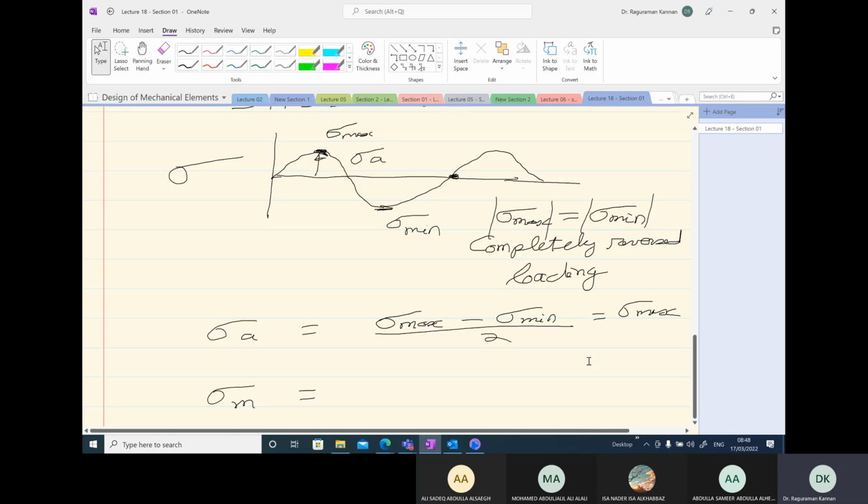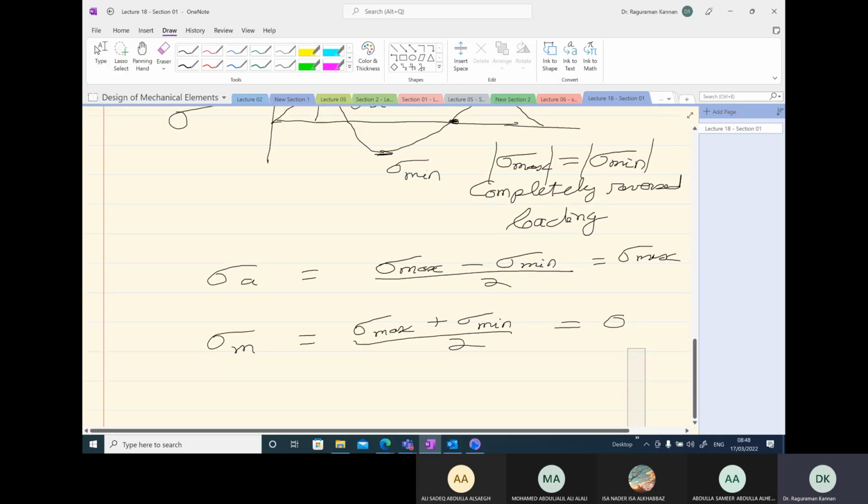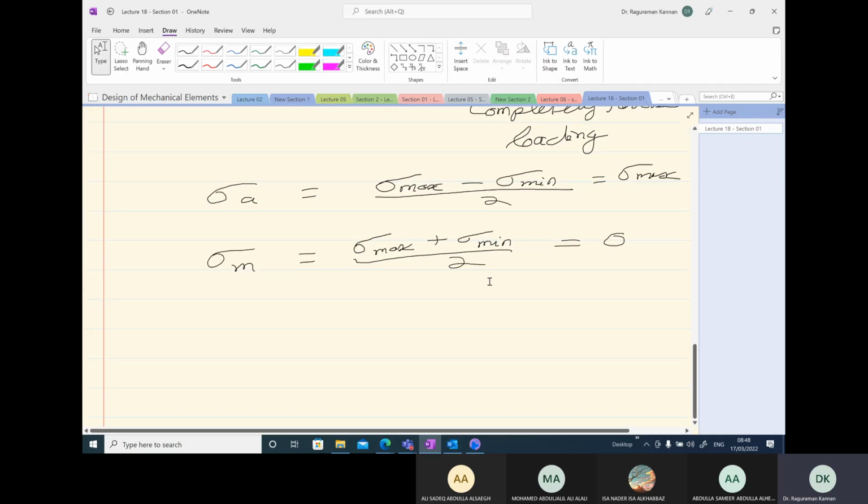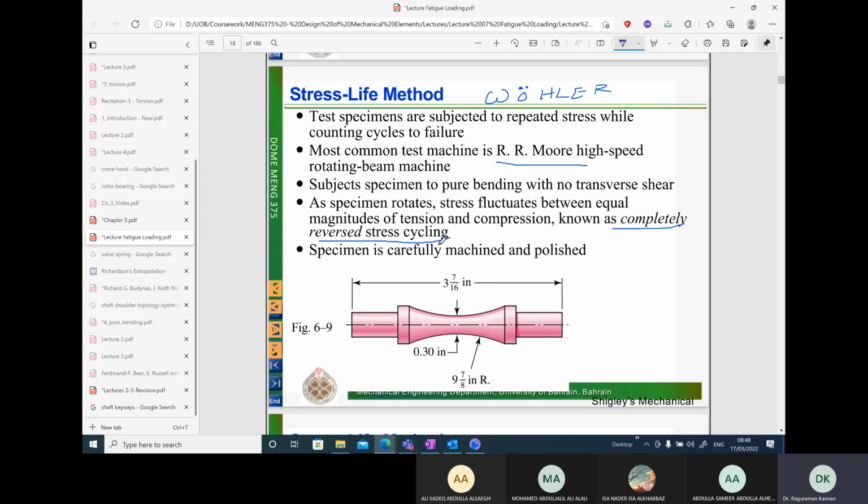Sigma mean, on the other hand, since the magnitudes are equal but opposite in sign, becomes 0 in completely reversed loading. So with this condition, we can do some experiments for the stress life method.